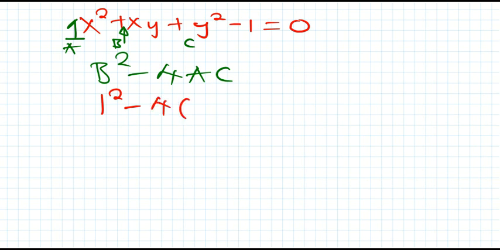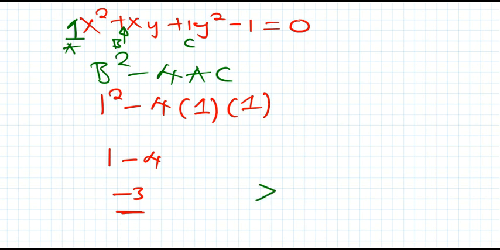Our a is 1 as well, our c is 1 as well. So we have 1 minus 4, which is negative 3. So is negative 3 greater or less than 0? This is less than 0, not greater, less than 0. So since negative 3 is less than 0, that implies that this is what? This is an ellipse.